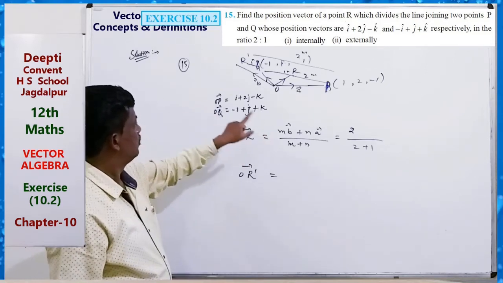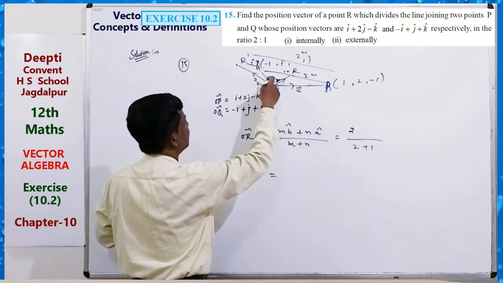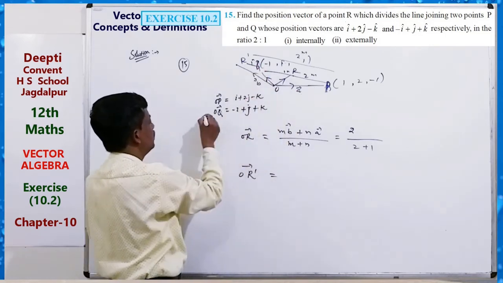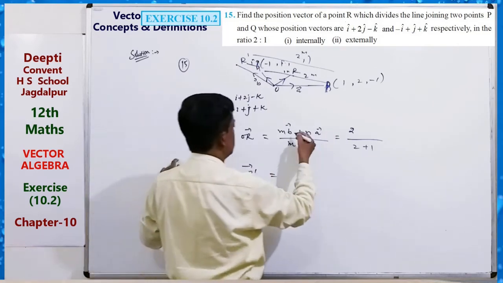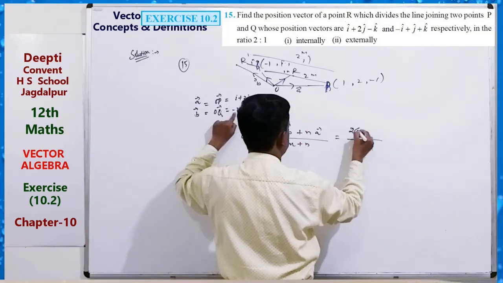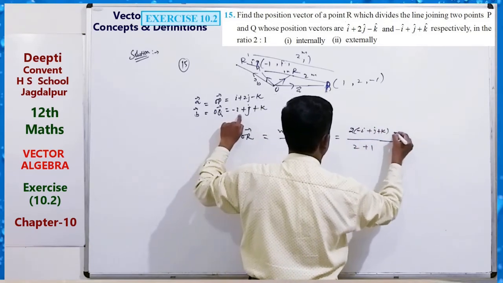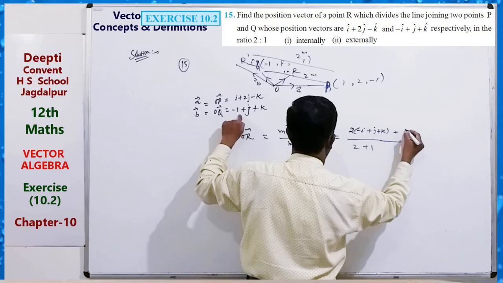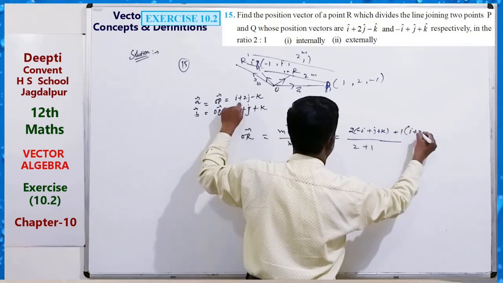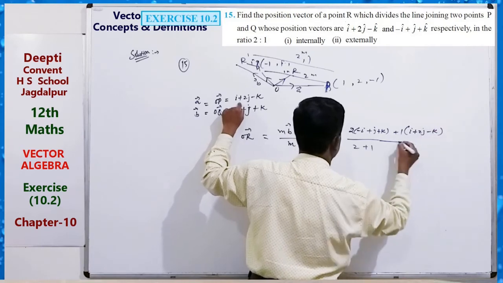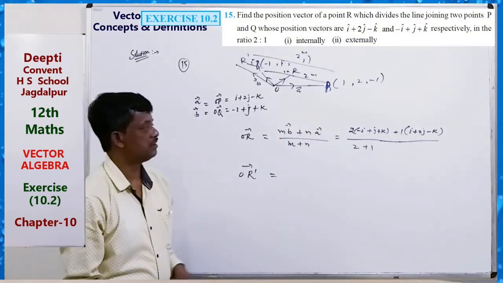Now, for the formula, OQ is B and OP is A. So A, B means this, minus i plus j plus k, plus 1 into this, i plus 2j minus k. So we can get the value.